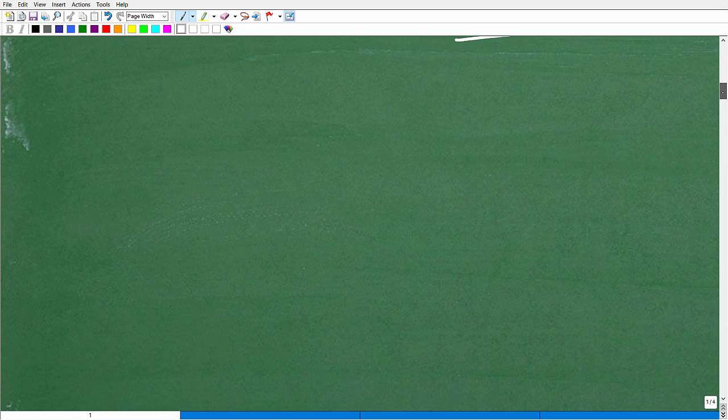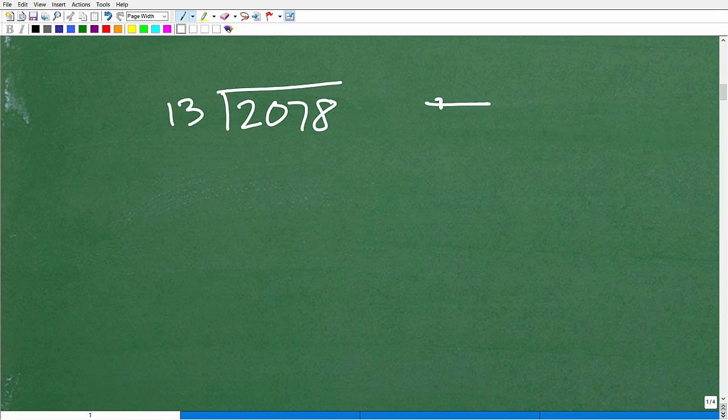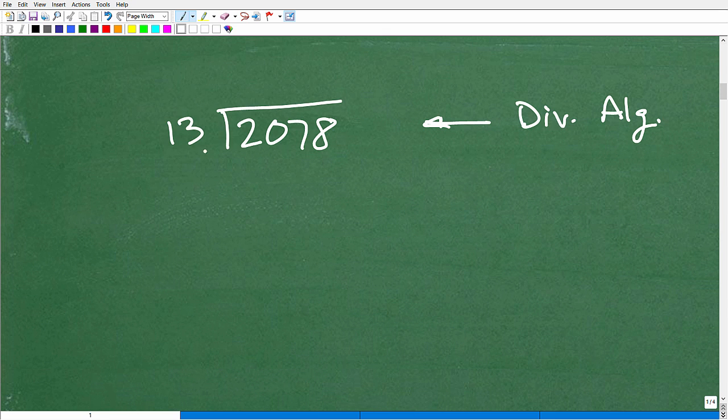Now, I'm just going to give you one little bonus here, just to really drill in. You need to understand these procedures to multiply and divide. So if I did something like 13 divided into 2078, you would have to use what we call the division algorithm, which is like your little recipe to figure this out.